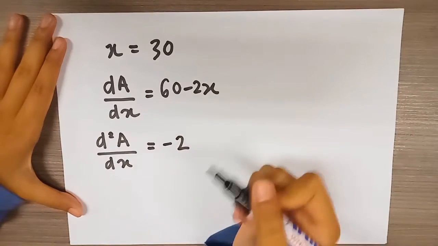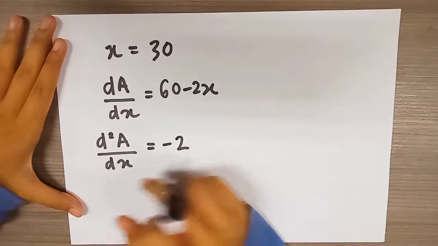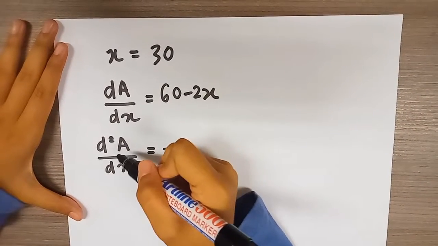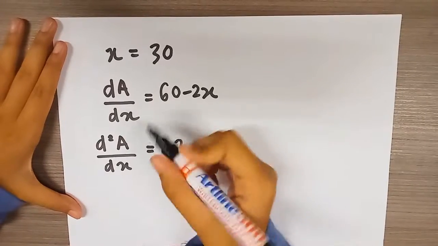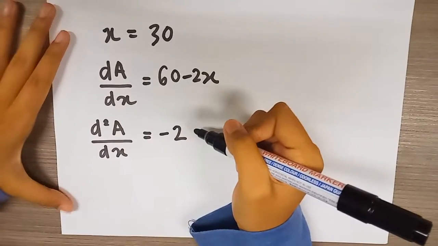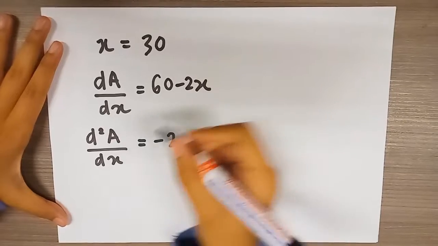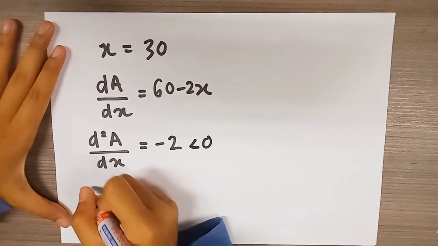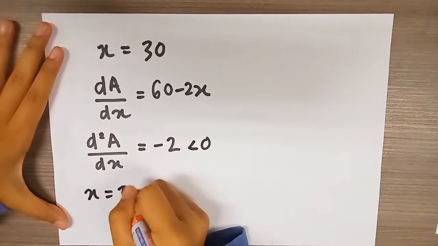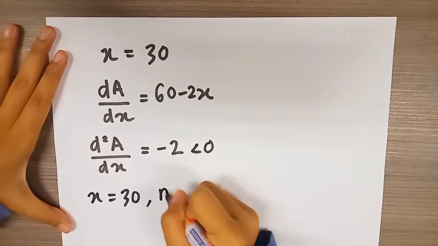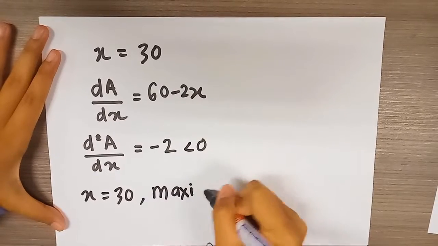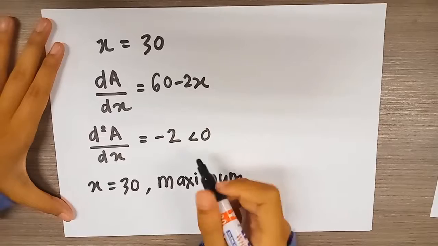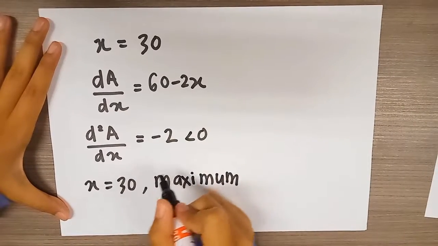And we get the second derivative, d²A over dx², equal to negative 2. Negative 2 is less than 0, so x equal to 30 gives a maximum, because the second derivative is negative.